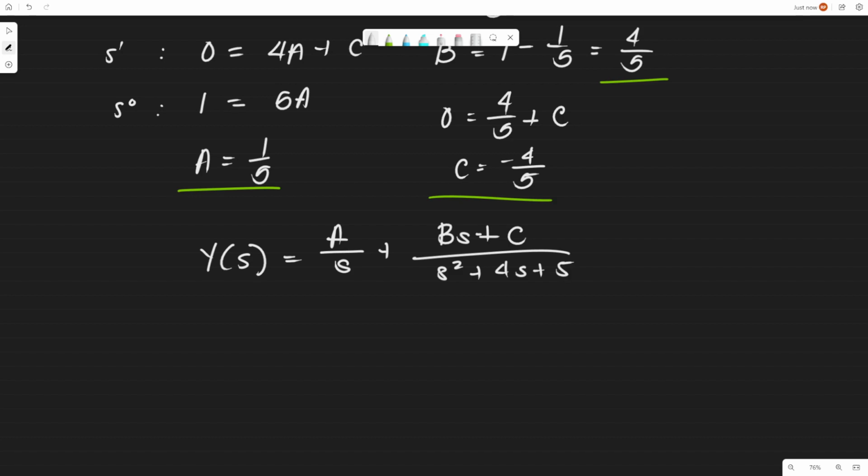Okay? So, game. Palitan natin, no? Substitute natin yung mga A, B, and C natin with the values na na-compute natin dito.